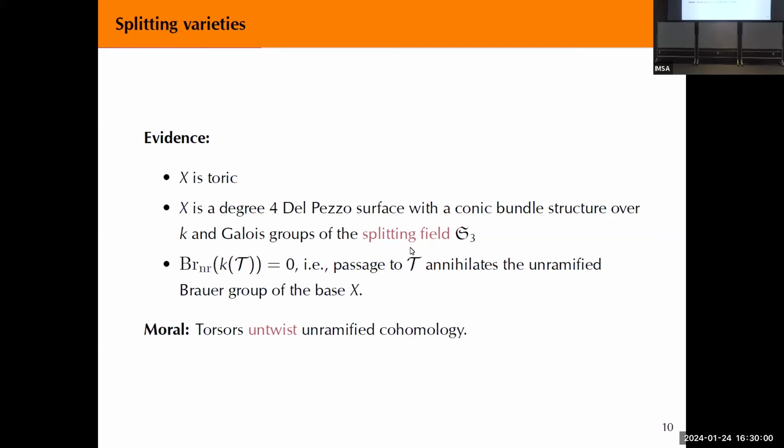The moral from all of this is that these torsors untwist unramified cohomology. So you had unramified cohomology on the base, an obstruction to rationality, you pass to this torsor. The conjecture that the torsor is rational, you don't know that, but at least the obstructions to rationality vanish.